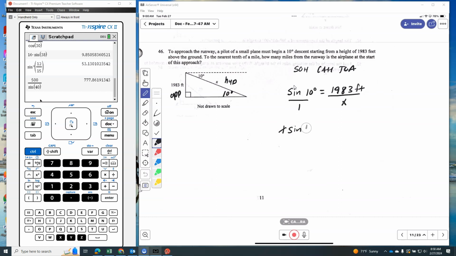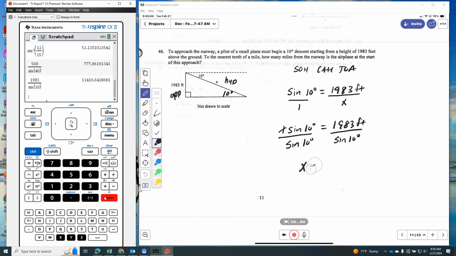So x times sine of 10 equals 1,983 feet. Now we will divide by the sine of 10 degrees. So we have 1,983 divided by the sine of 10 degrees.